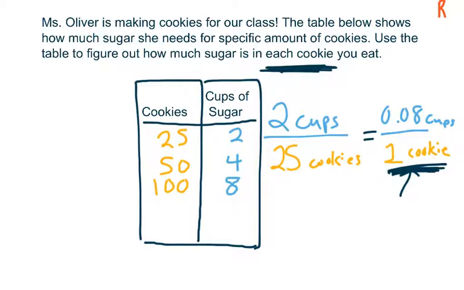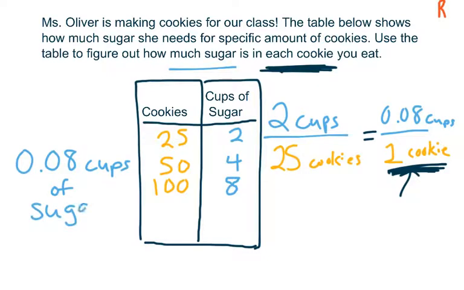So here our answer is not a whole number, which is completely fine. The answer for how much sugar is in 1 cookie would be 8/100 cups of sugar in each cookie. So that would be our unit rate. Each cookie you eat has that much sugar in it.